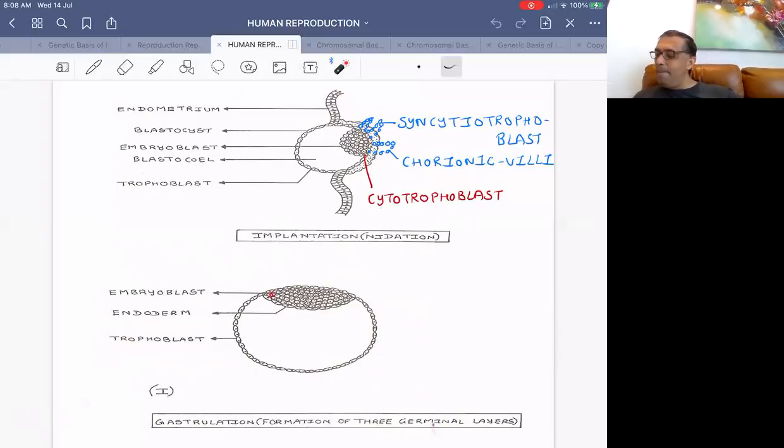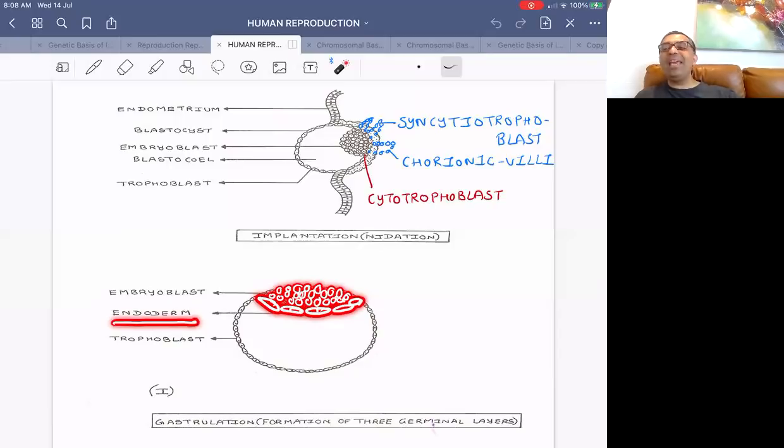First of all, you can see these small rounded cells of the embryoblast. The lowermost layer of these small rounded cells, the bottom layer, becomes flattened, and it forms the first germinal layer, called the endoderm.